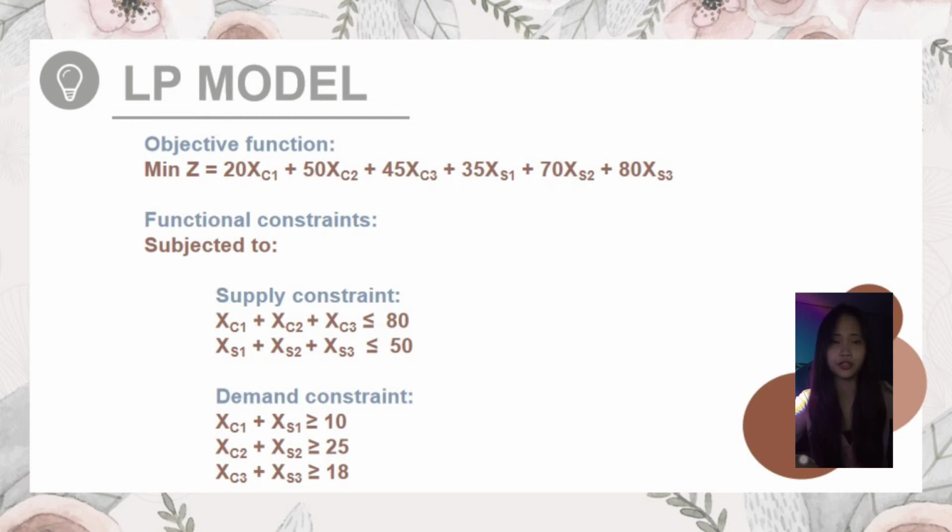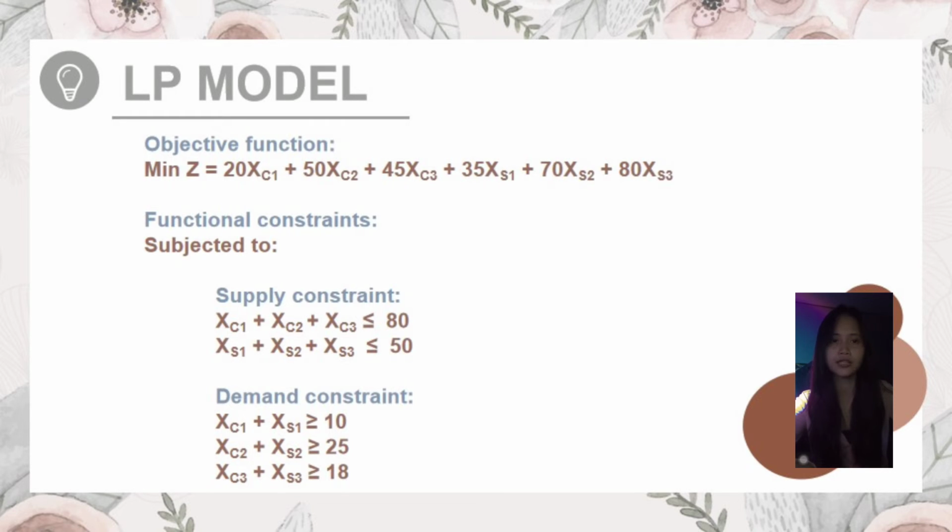Our objective function is to minimize 20XC1 + 50XC2 + 45XC3 + 35XS1 + 70XS2 + 80XS3. Our functional constraints are, subject to supply constraints: XC1 + XC2 + XC3 ≤ 80, and XS1 + XS2 + XS3 ≤ 50.